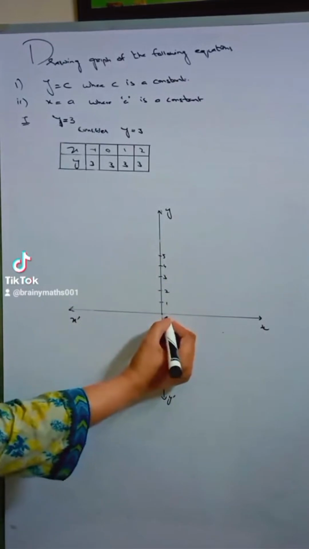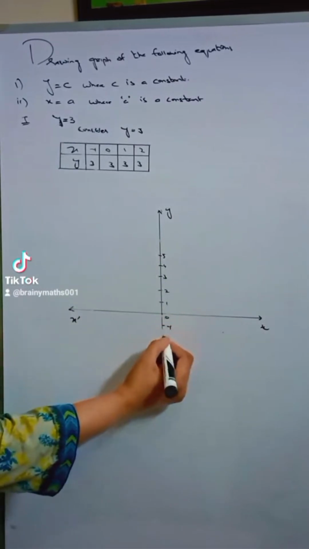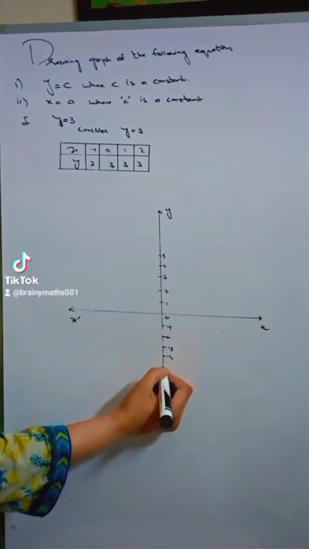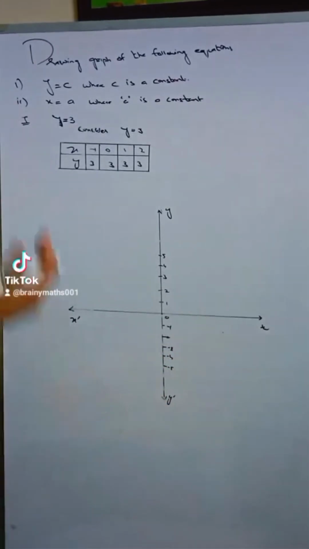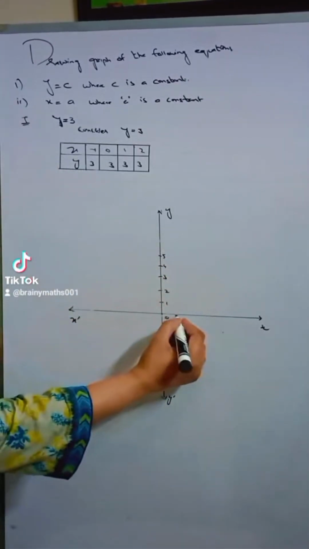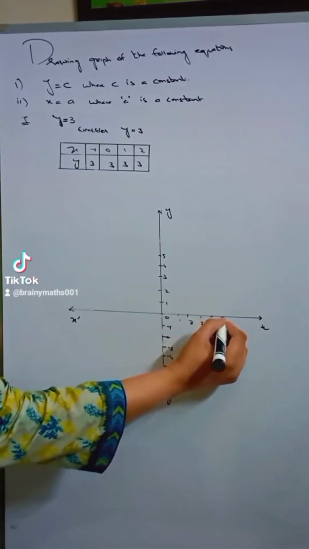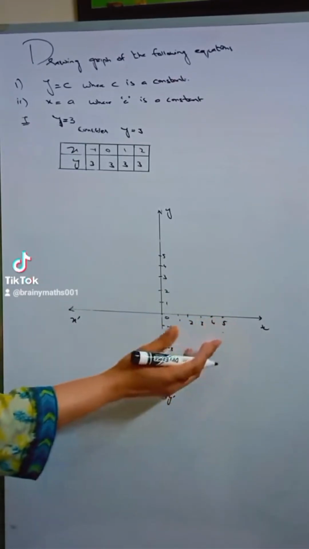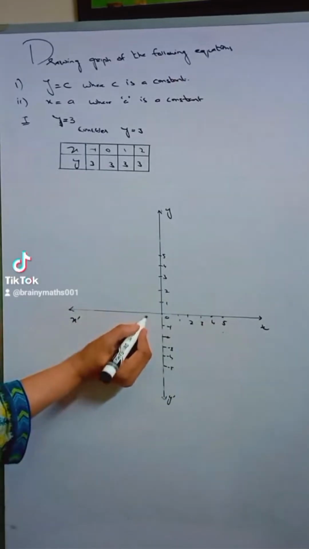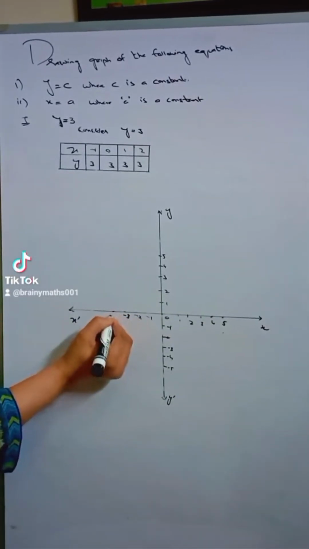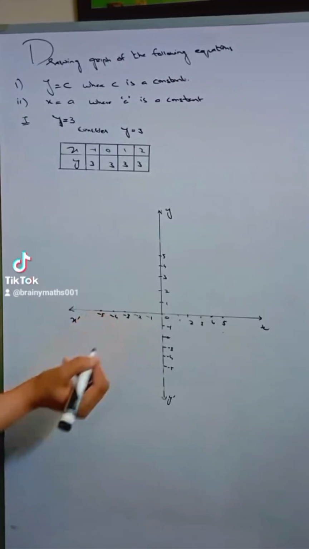Similarly, on the downward side, minus 1, minus 2, minus 3, minus 4, minus 5. Similarly, on the x-axis, 1 is positive, 2, 3, 4, 5. On the negative side, minus 1, minus 2, minus 3, minus 4, minus 5.